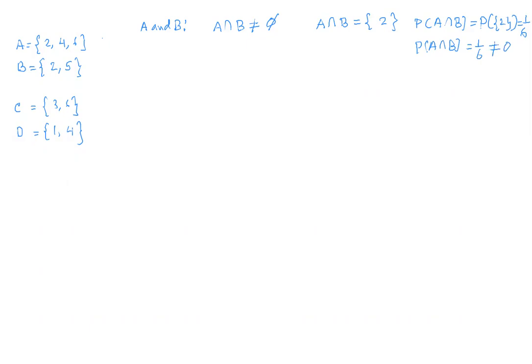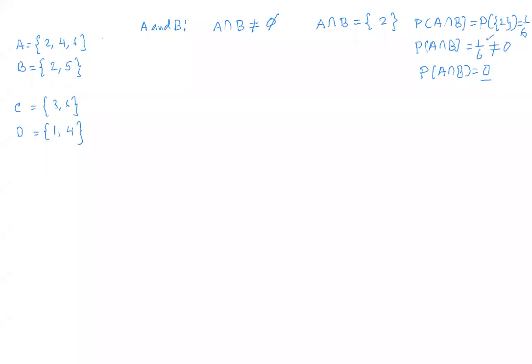But remember, two events are disjoint if the probability of their intersection is 0. I mean, not mutually independent, I meant mutually exclusive or disjoint. If the probability of the intersection is 0, it means the events are disjoint. But this is not 0.